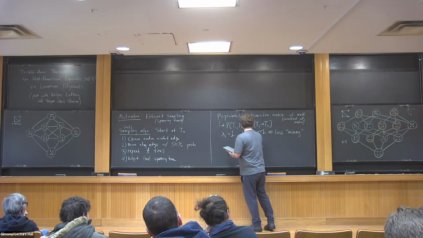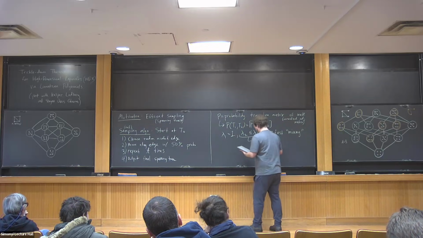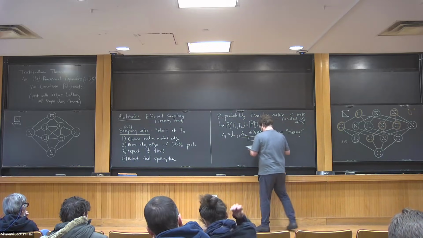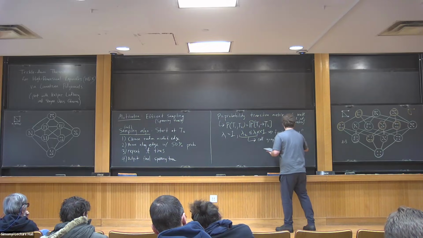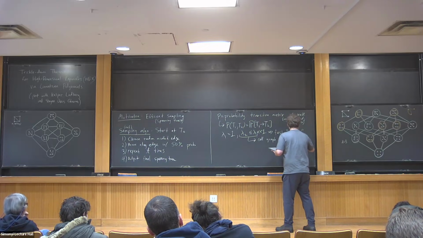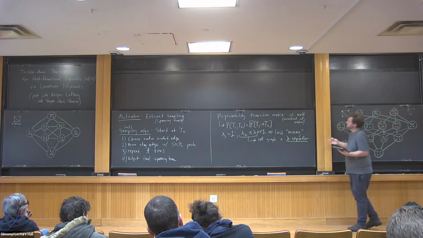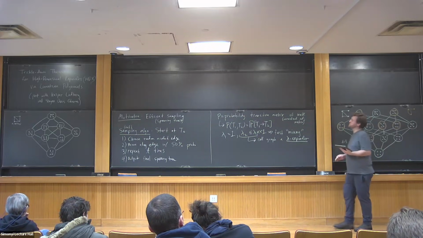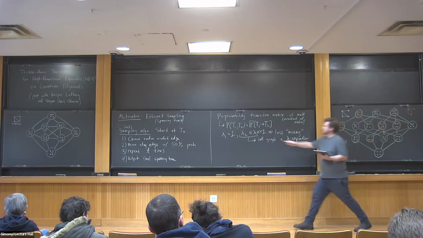So we're going to give this a name. If the graph has this property, we call it a lambda expander. There are usually two definitions this name can mean. One bounds just the second eigenvalue.